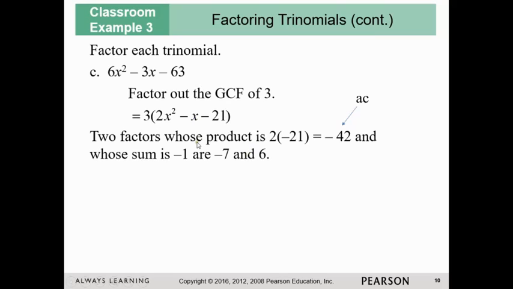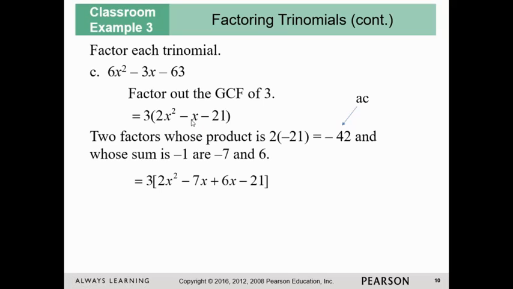As I said, looking at some of the examples in 5.2, we would list all those factors, and then we would determine which one of those sum up to negative 1. And it just so happens that negative 7 and 6 get us negative 42, but when they're added, they also add up to the middle term here.